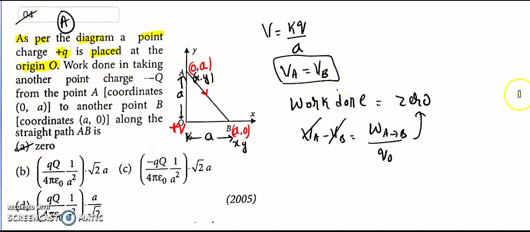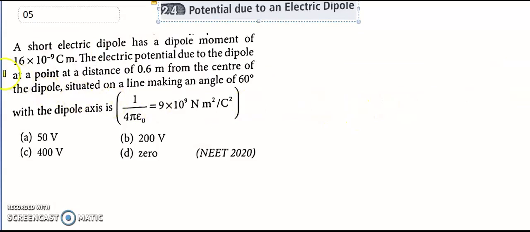So let's move to question number 5. A short electric dipole has a dipole moment of 16 × 10^−9 coulomb meter.